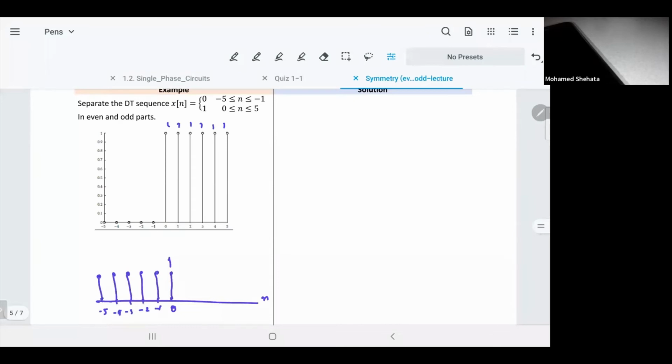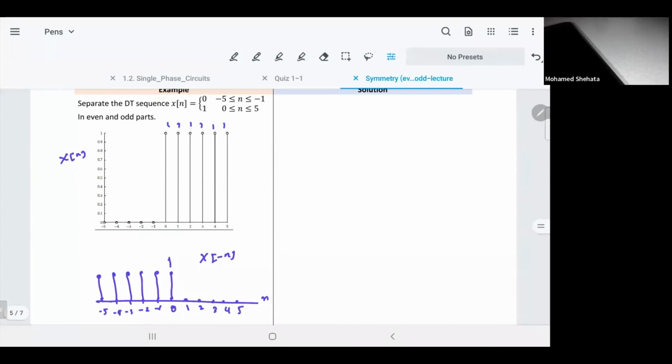What about the negative side? -1 becomes 1, and it will be 0 for 2, 3, 4, 5. So can you see it? You keep the 1 on the vertical axis as it is, and then you flip right to left, left to right by the same value. You call this x of -n, and this one x of n.